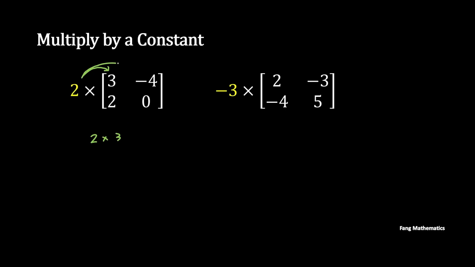Row 1, column 2, you have 2 times minus 4. Row 2, column 1, you have 2 times 2. And row 2, column 2, 2 times 0.